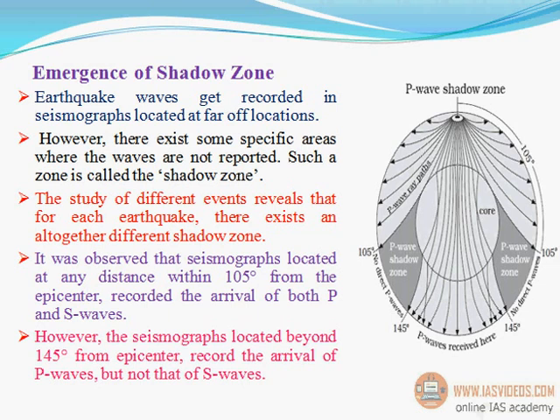It was observed that seismographs located at any distance within 105 degrees from the epicenter recorded the arrival of both P and S waves. However, the seismographs located beyond 145 degrees from the epicenter record the arrival of P waves, but not that of S waves.